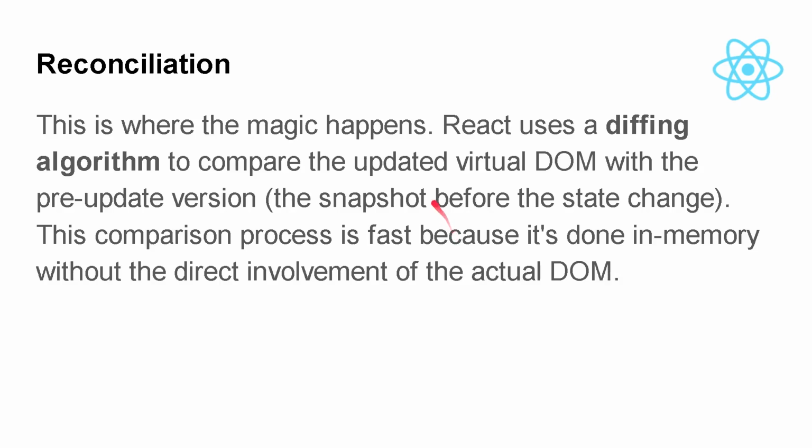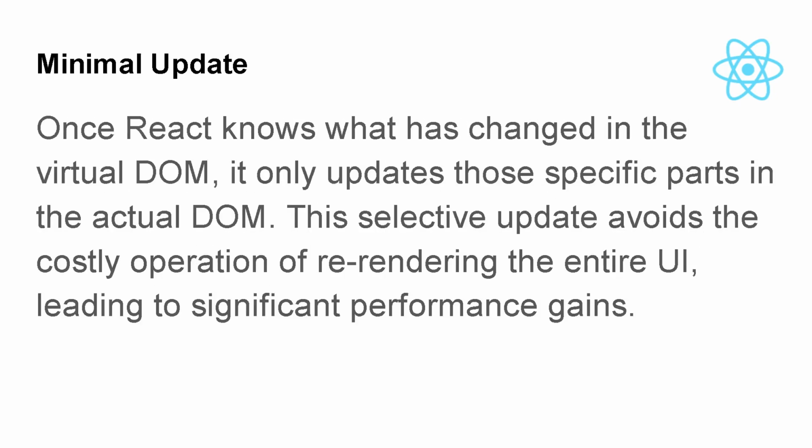So again, you're using a fancy algorithm and extra memory to make the reaction of your page much more efficient to the user. You want a responsive page, not pauses and not spinning things. Just immediately you see the change on the screen. That's what they call the reconciliation. In the reconciliation, with that diffing algorithm, they make sure that you only do the things you need and it's low overhead.